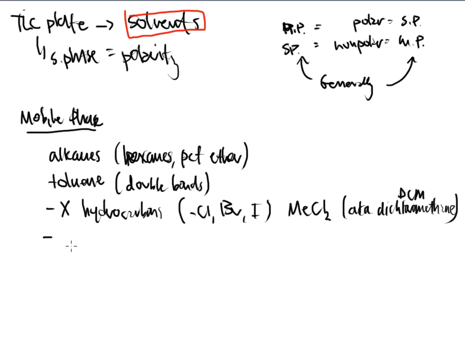Well, we can increase the polarity even more from that, and we can bring in typically ethers. Now, petroleum ether is a little different. That is an ether, but the problem is that the carbons outweigh that ether. So when we talk about ethyl here, we're talking about diethyl ether, which is CH3CH2, there's the first ethyl group, an oxygen, and then the other ethyl group of CH2 and CH3.